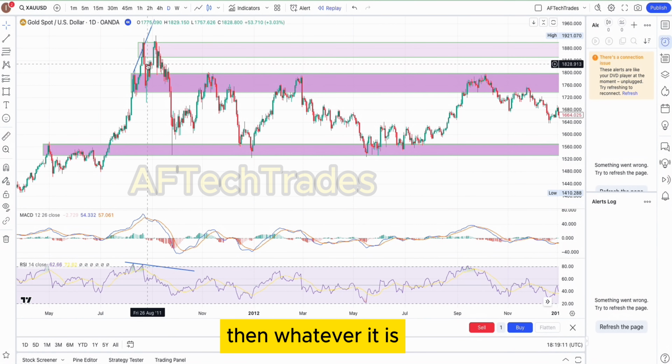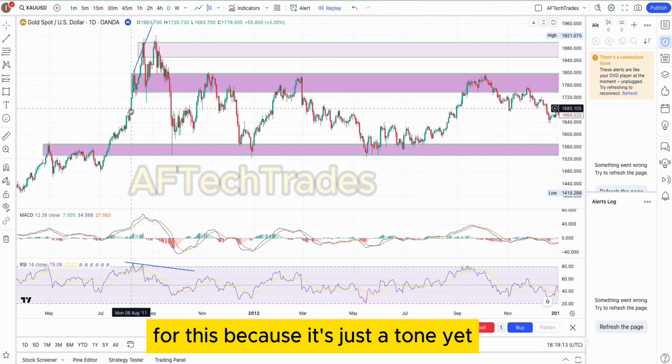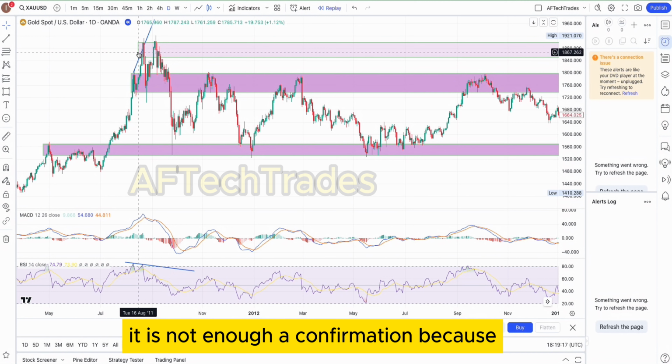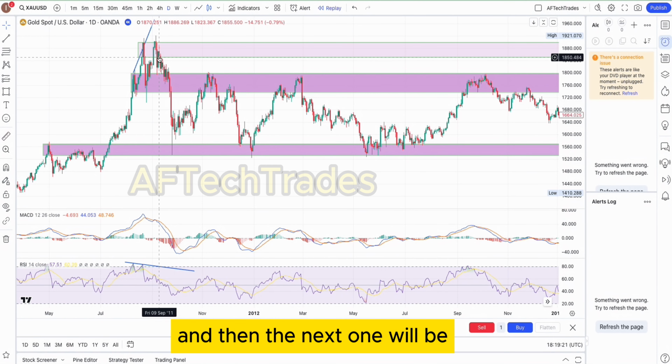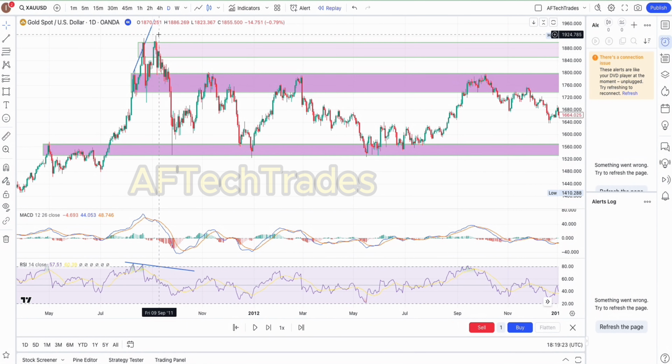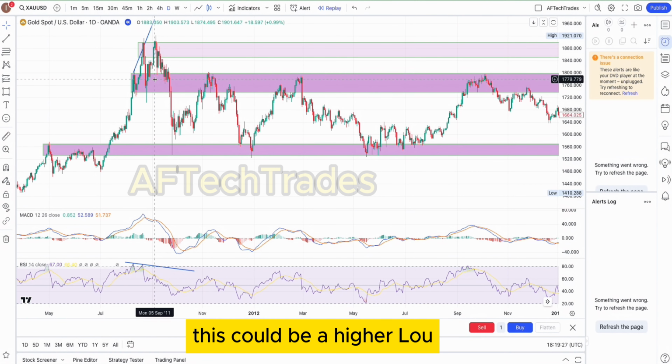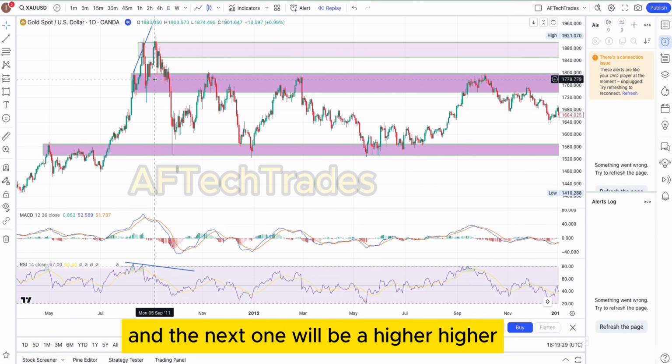Then whatever it is, for this, because it's just a turn yet, it is not enough a confirmation, because this could be a lower low and then the next one will be a higher low and the next one will be a higher high.